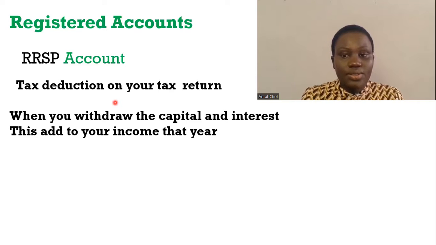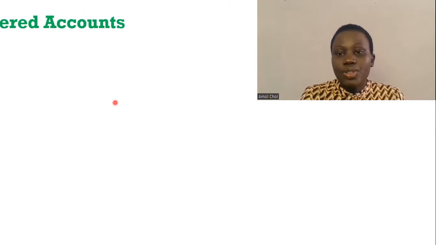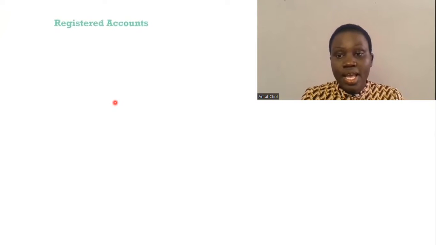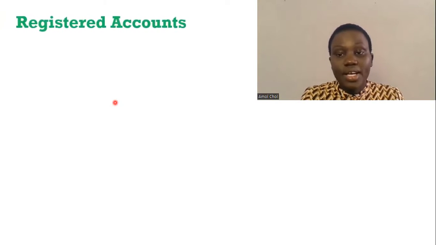That 20,000 will add on to your 70,000, and you will be taxed on 90,000. But if you withdraw it using another registered program, then you won't have to pay taxes.